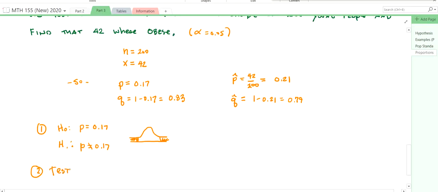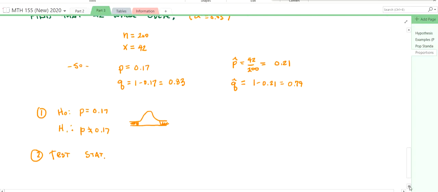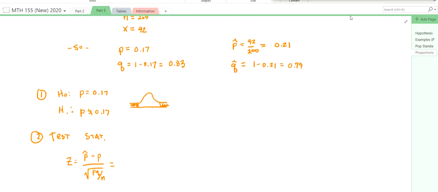Let's come up with our test statistic. Here's the formula for our test statistic. So we're just going to cookbook plug and chug. So P hat is 0.21. We're pulling that from here.